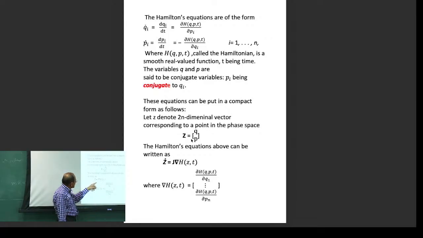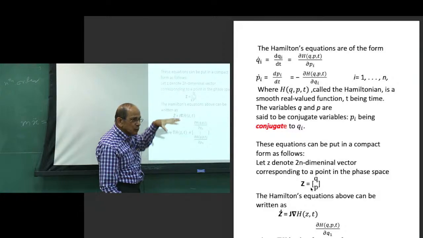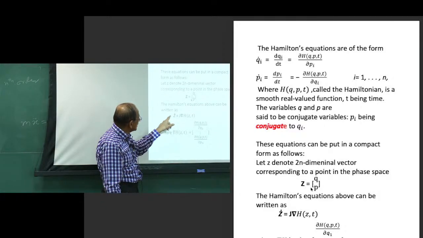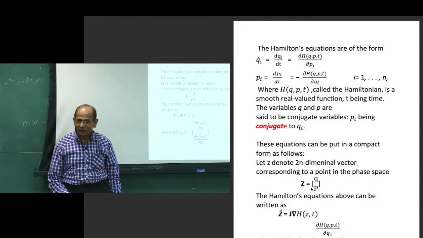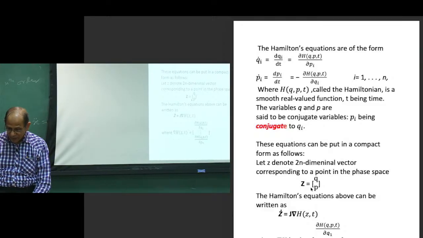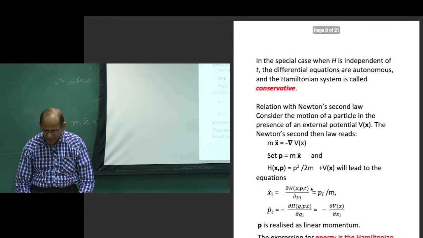So, the equations above can be rewritten compactly as z dot equal to J gradient H. Okay. All those 2n equations can be written in this compact form. That is why we choose this notation.